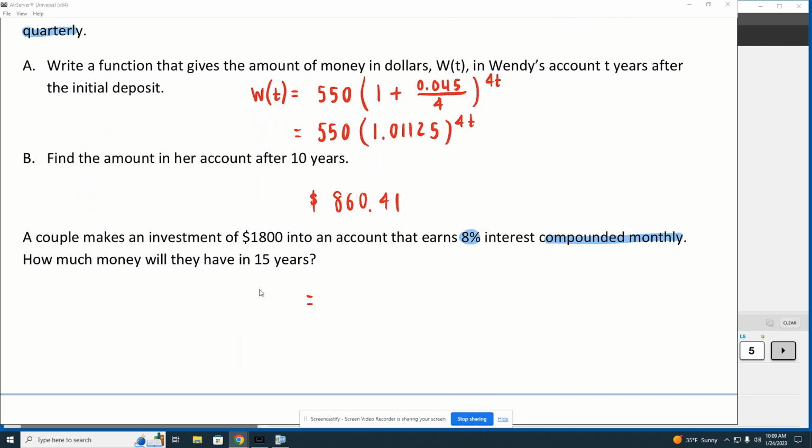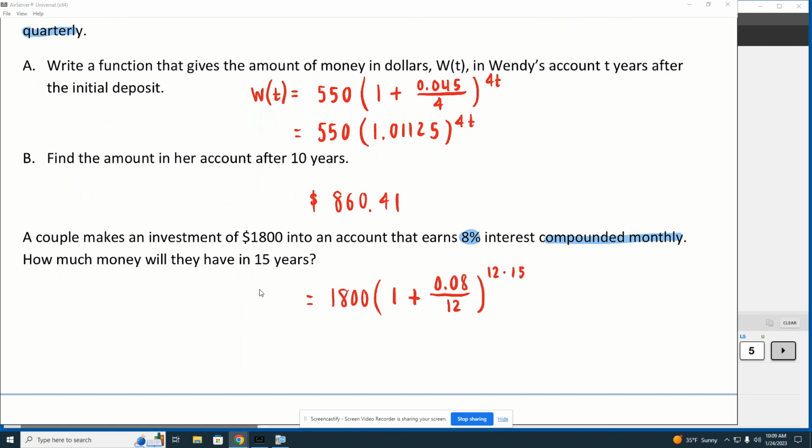I'm going to do P. What's principal? 1,800 times 1 plus, guys, how do I do 8%? 0.08 over N. What's the number of times it's compounded every year? 12. And that's raised to the 12 times 15 power.